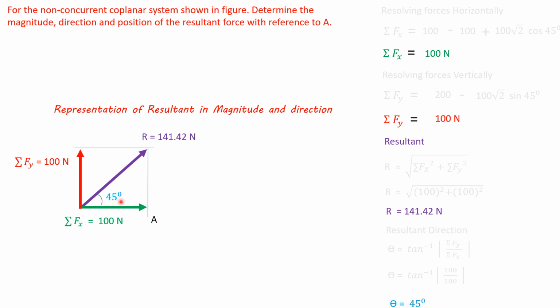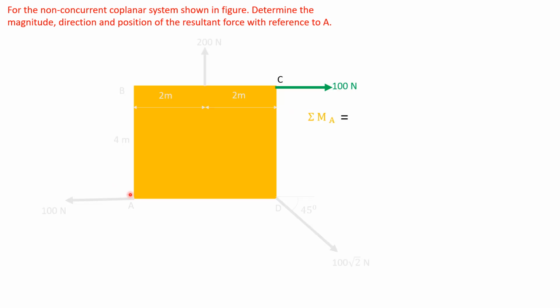So we can conclude that the resultant is in the first quadrant, but we cannot say at what position it is with respect to point A. For that, we have to take moments of forces about point A.